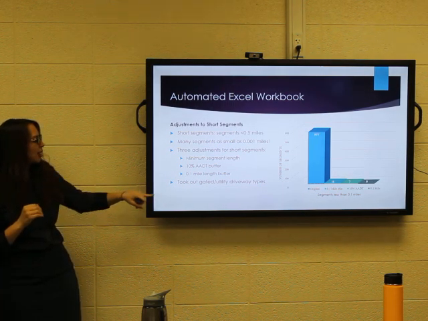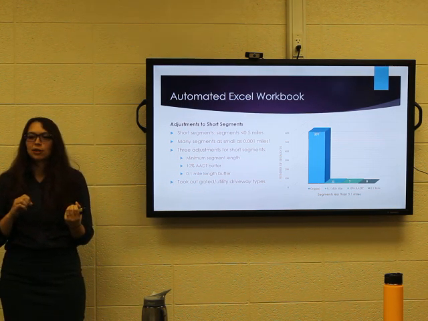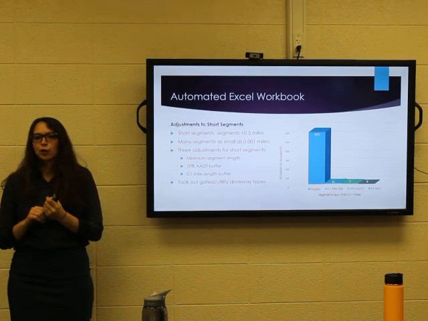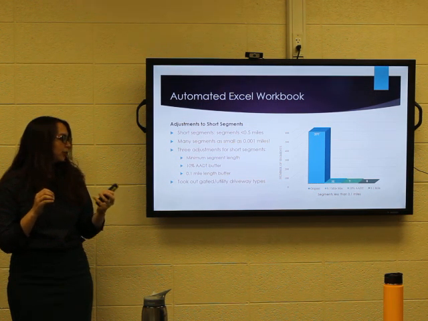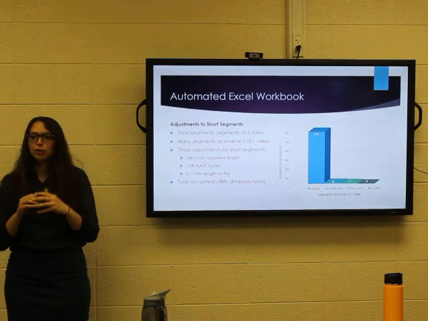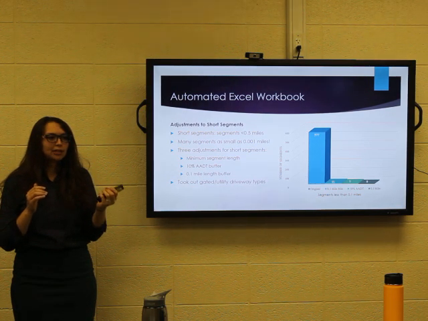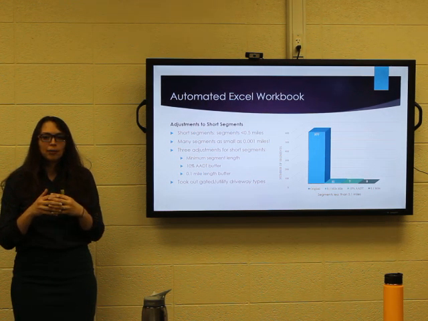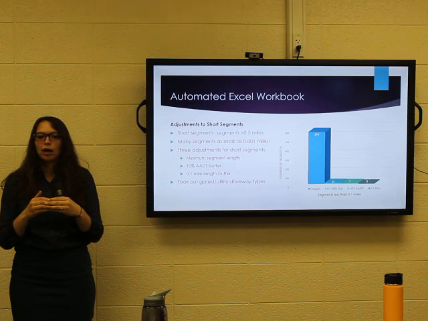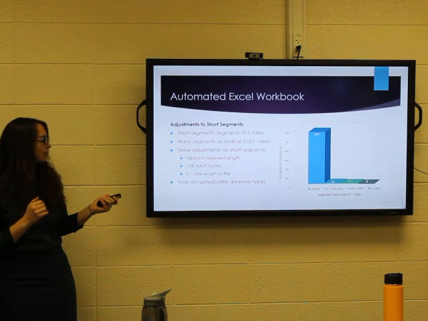So if your adjacent segment had an AADT within 10% of your short segment, then it was combined with that adjacent segment. But we did still find segments that were less than 1/10 of a mile after both of these buffers, and so we decided to automatically combine them with an adjacent segment to eliminate all segments less than 1/10 of a mile. We felt that adding these to an adjacent segment would not affect the homogeneous characteristics of the segment.